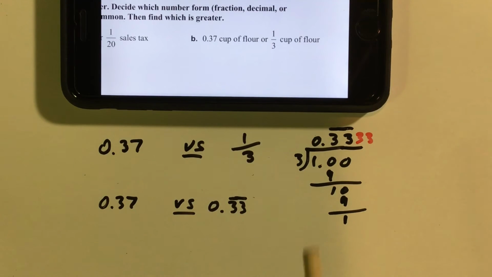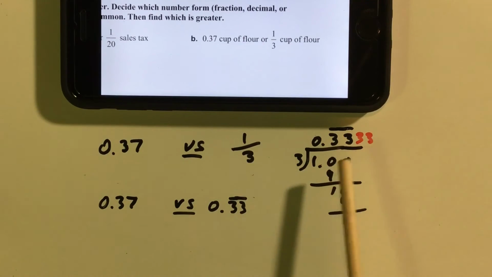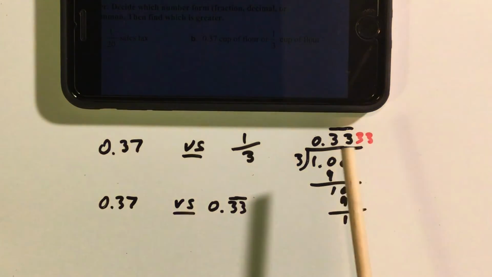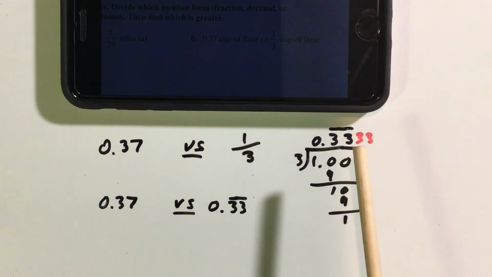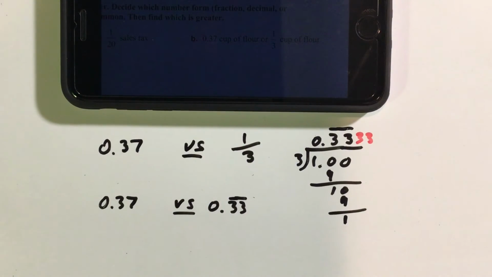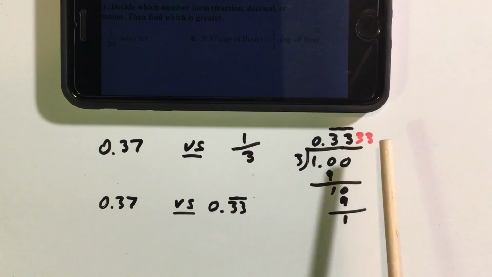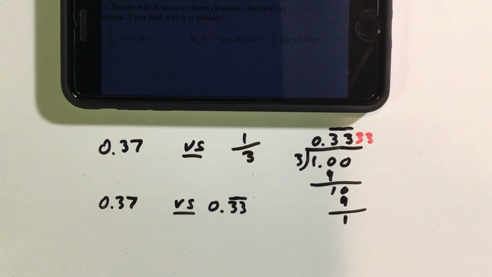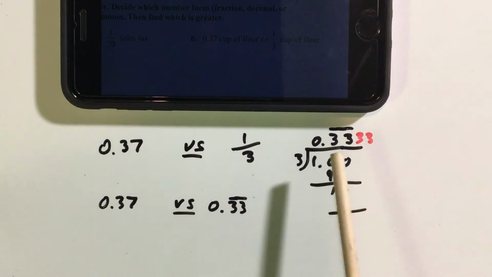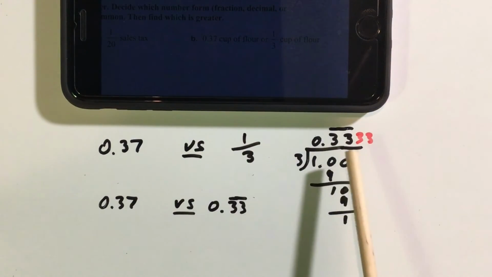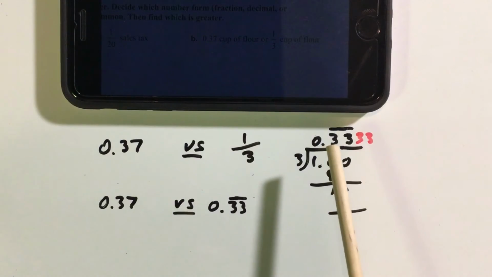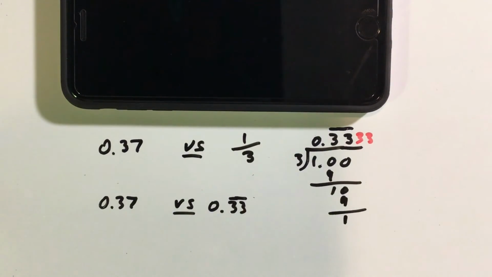And as you can tell, when I did my division to turn 1/3 into a decimal, I got what we call a repeating decimal, meaning it's going to be going on forever. 3, 3, 3, 3, and that's why I put these threes in red, because it's going to keep going 3, 3, 3, 3, and so on. All right, so now we've converted 1/3 into its equivalent, which is 0.333333.